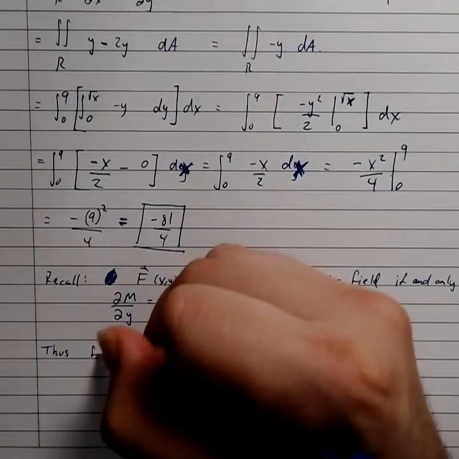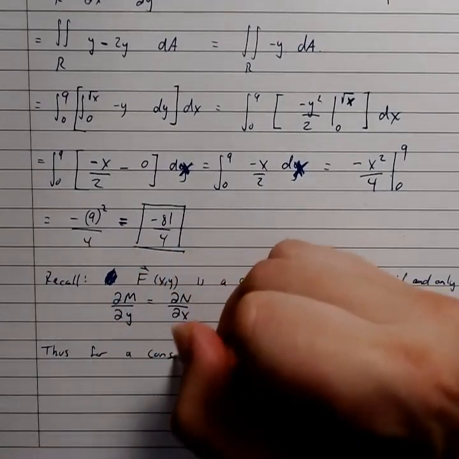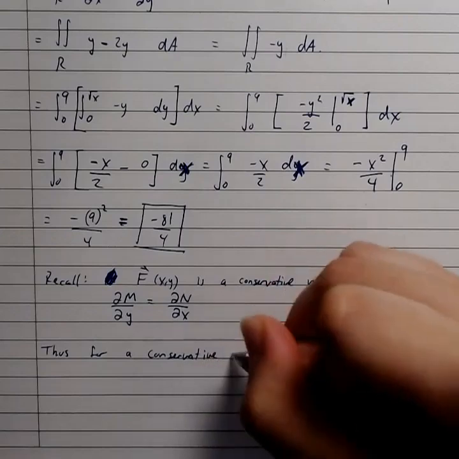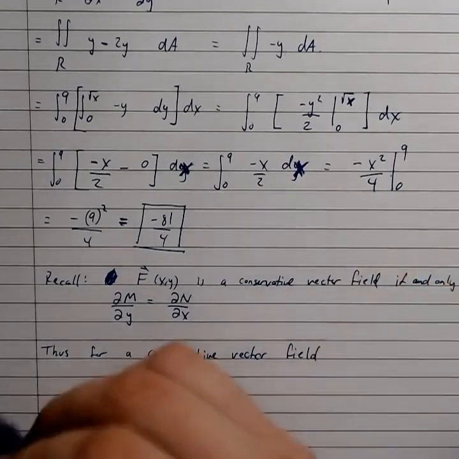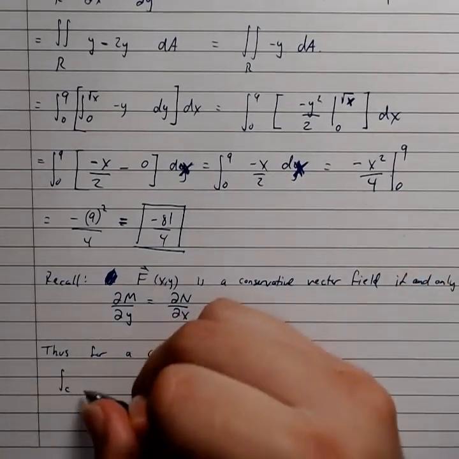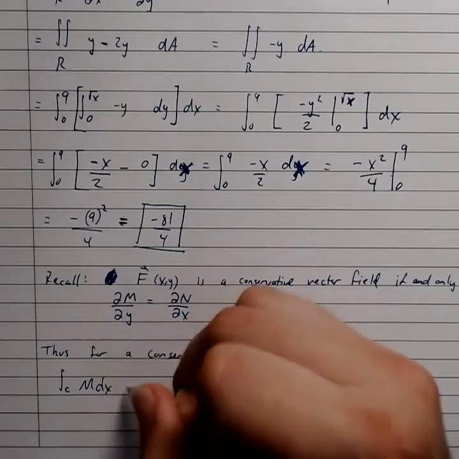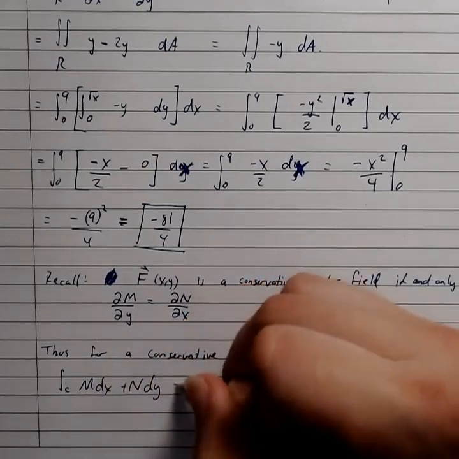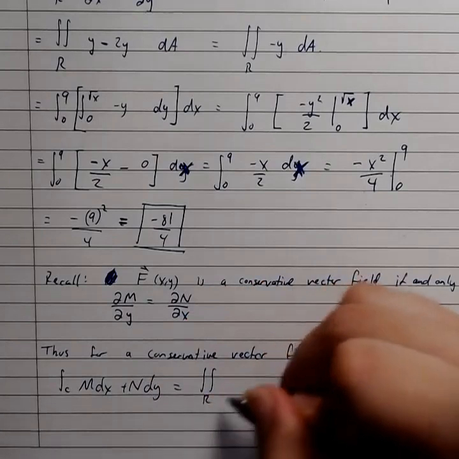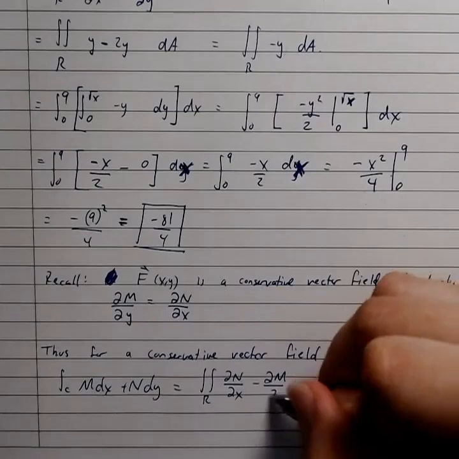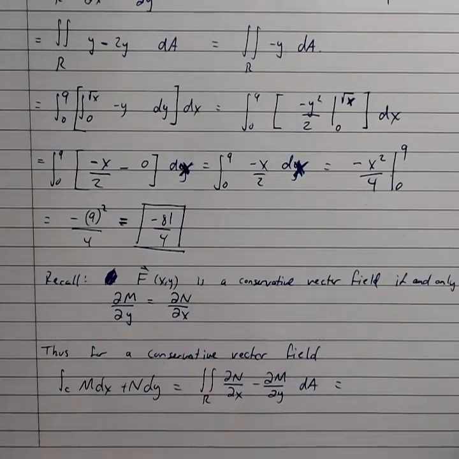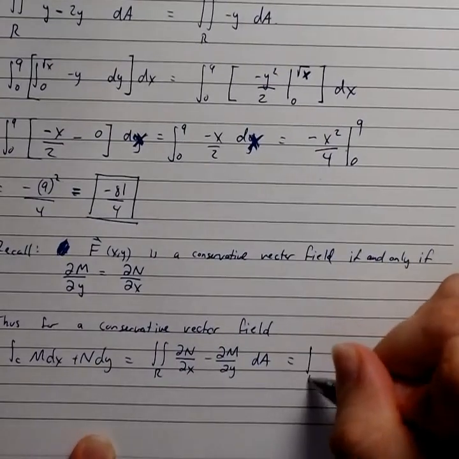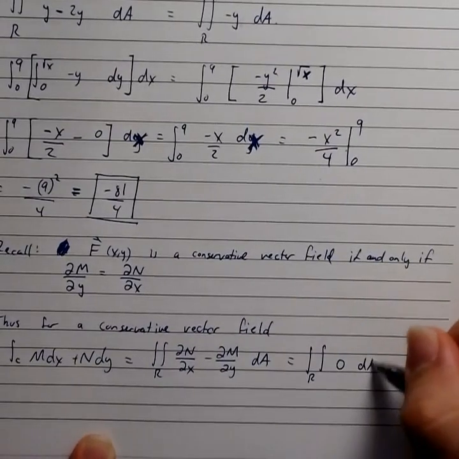So thus, for a conservative vector field, Green's theorem tells us that the integral over c of m dx plus n dy is equal to the double integral over r of del n del x minus del m del y dA, which, because these are equal in a conservative vector field, is simply the double integral over r of 0 dA.